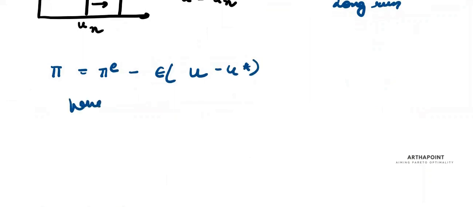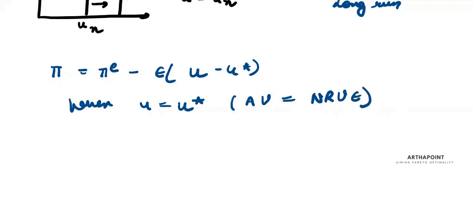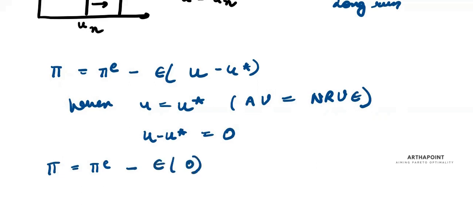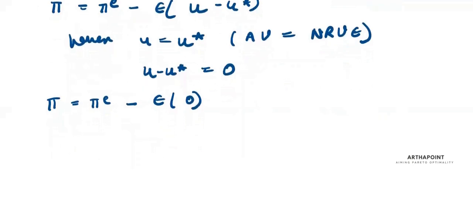Now when U is equal to U star, which means actual unemployment is equal to natural rate of unemployment, then U minus U star would be 0, right? So you will get pi is equal to pi E minus mu into 0. Therefore, you will have pi is equal to pi E.